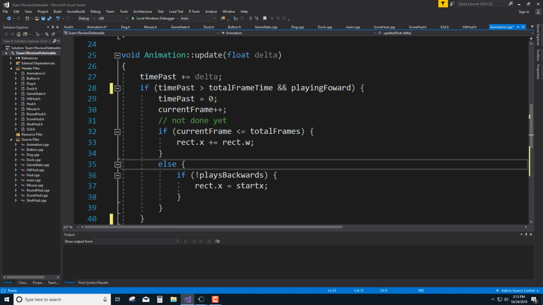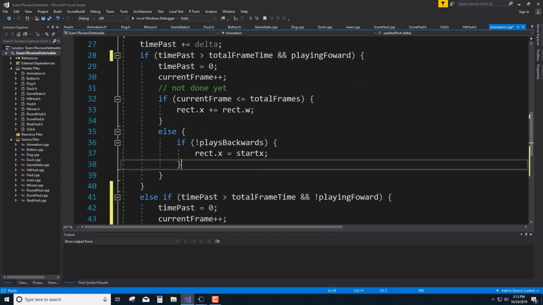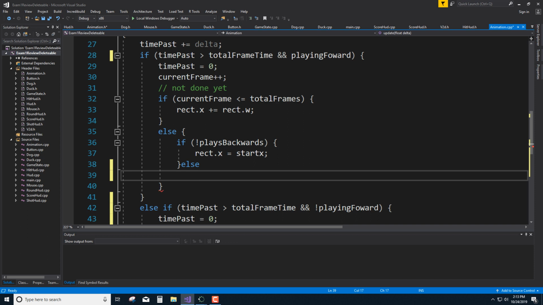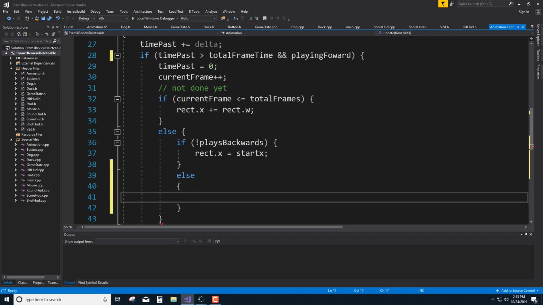So here in our else, we'll write another else. Playing forwards equals false.